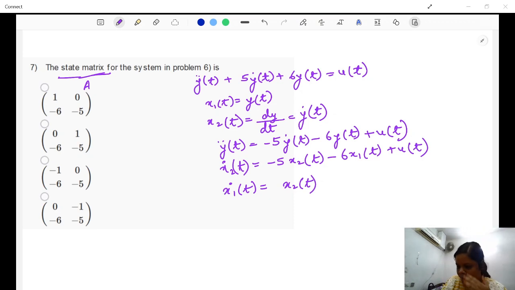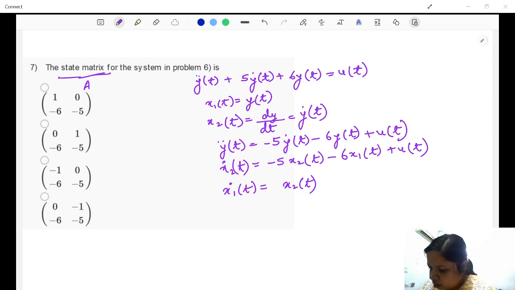Just a second. Let me make sure that everyone is understanding. I'll repeat whatever is done here. See, this was the differential equation that was already given to you. You're supposed to break it into 2 equations. What we said earlier is that we want to have 2 equations. Whatever the order is, we need that many first order ODEs.